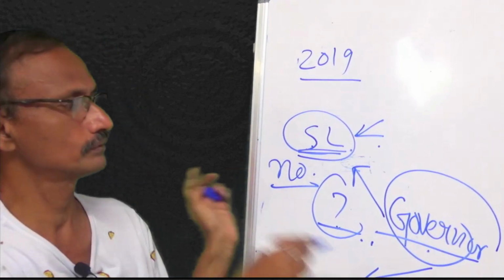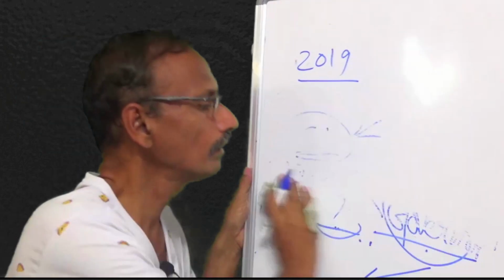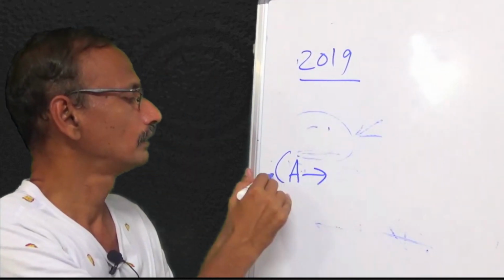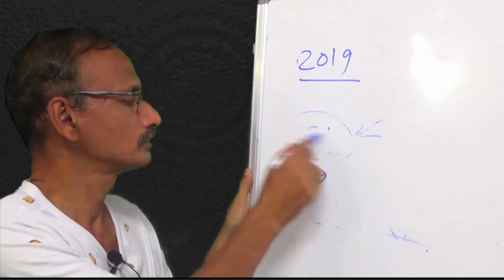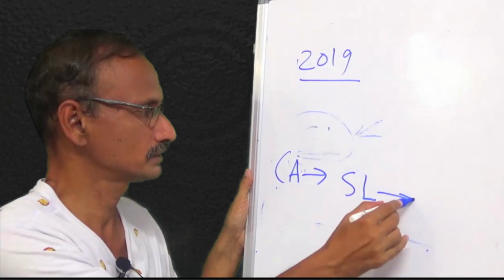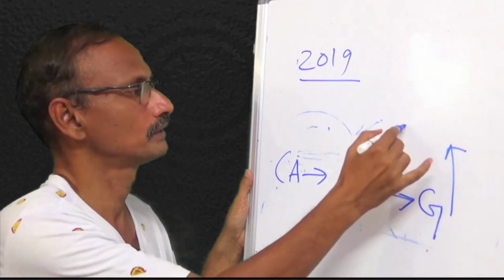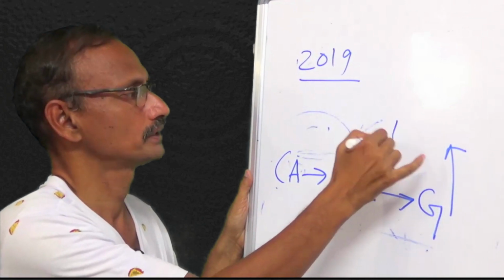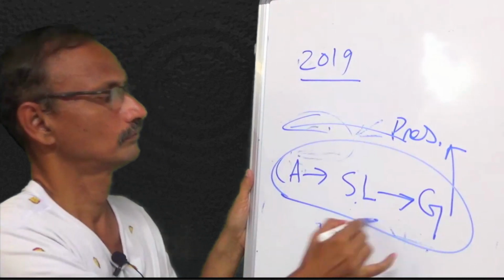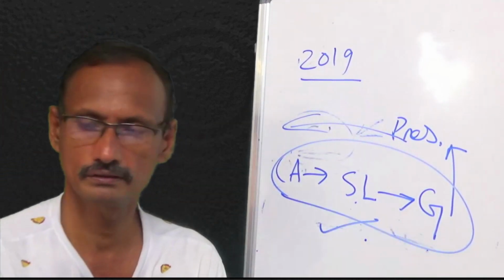Special status to be removed. So these are all a series of steps. The role of the constituent assembly is given to the state legislature, what the state legislature is supposed to do is given to the governor, and the governor recommends to the president, and then the president. See, how can there be equality across these institutions?